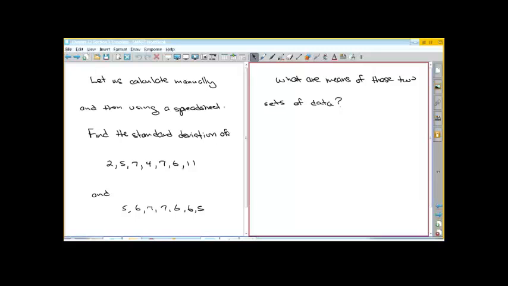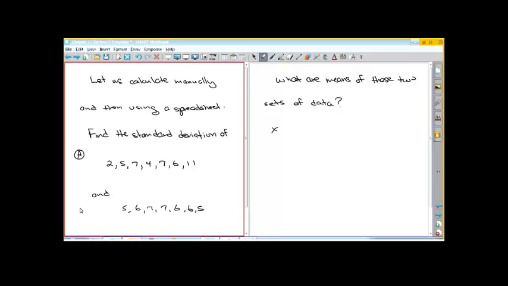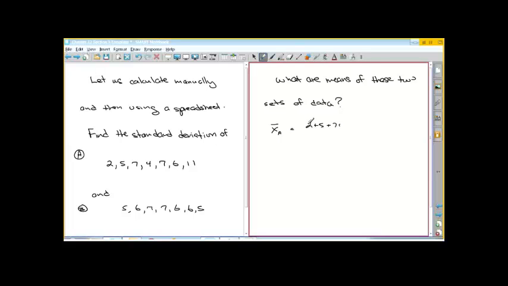Okay, so the first question is, what are the means of the two sets of data? Well, we'll call this set A, we'll call this set B. So the mean of set A is equal to 2 plus 5 plus 7 plus 4 plus 7 plus 6 plus 11 divided by 7 data points.